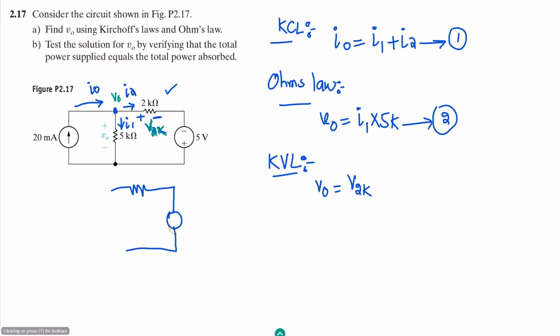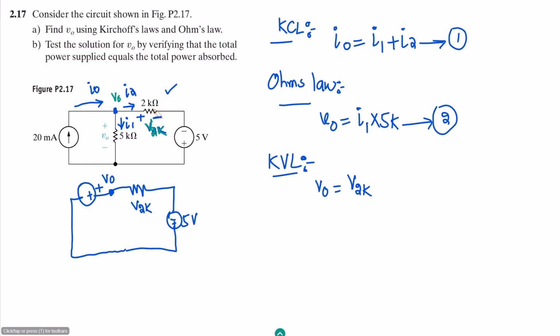Here it is minus plus 5 volts, this is V2K and V naught. So the V naught here is positive, meaning that it is connected to the positive terminal while this is the negative terminal. Or we can also represent it like plus minus, which has the same polarity as this one.